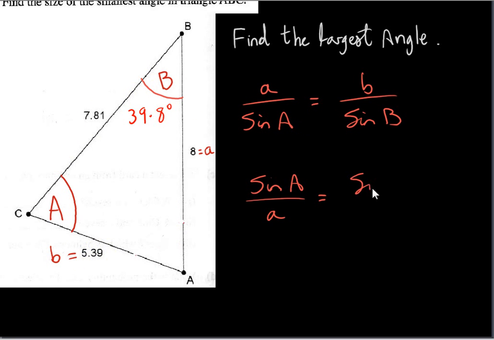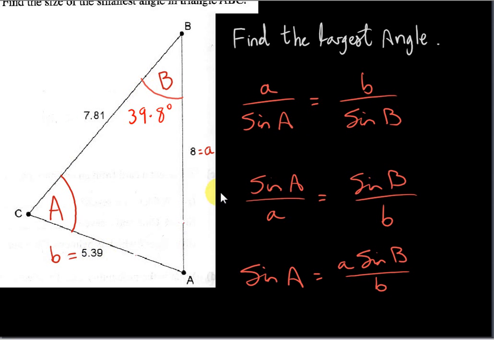Just invert both of these, and after doing that multiply both sides by small a. So you get sine A equals small a sine B divided by small b. So that's just multiplying both sides by small a. So we cancel that a there. So invert both sides. If two fractions are equal, then the reciprocals are equal.